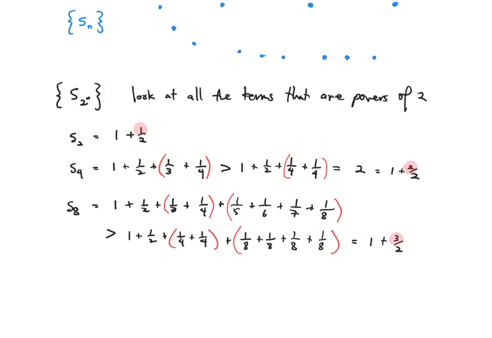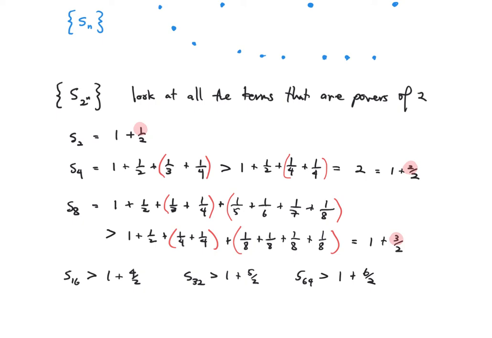So if I look at the next term of the subsequence, S16, that's going to be bigger than 1 plus 4/2. And the next term, S32, would be bigger than 1 plus 5/2. And the next one, S64, would be bigger than 1 plus 6/2, right?